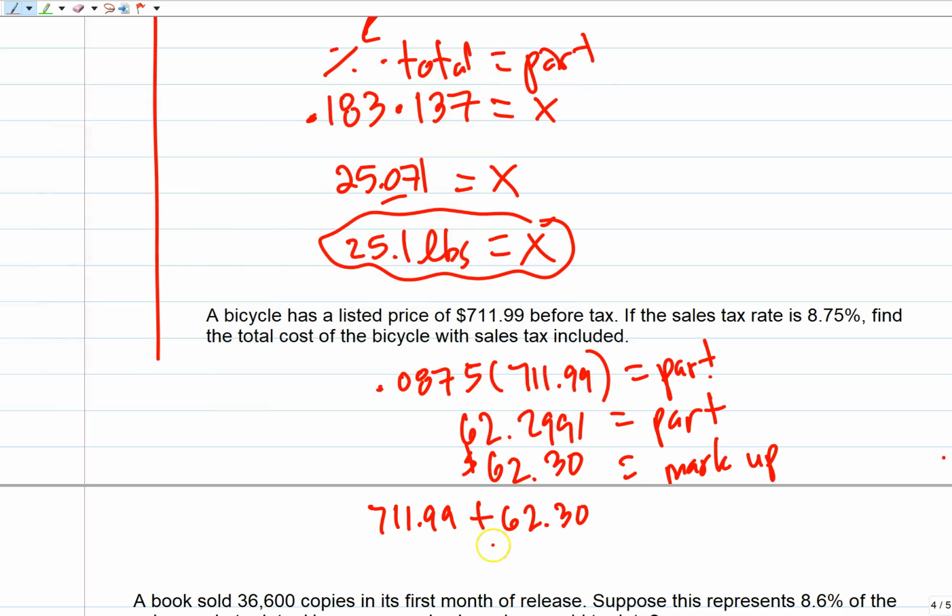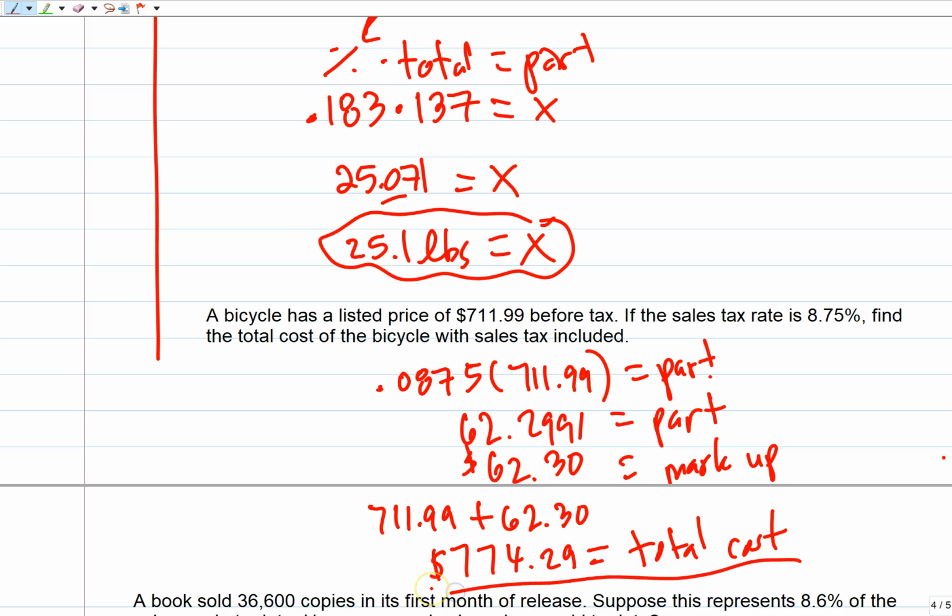That is an expensive bike. That is our total cost. If you're clever with this, you can actually multiply it by 1.0875, and that will give you the total cost right off the bat. But I think most of us would figure out what the tax is and then add it to it. So we have some options there.